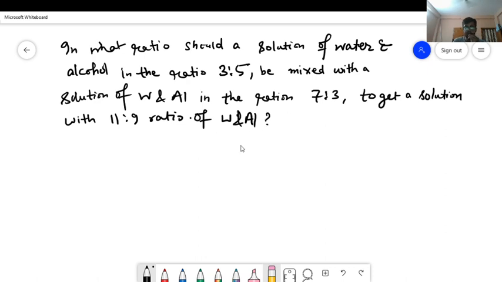Okay, now find the answer. Take both the methods. I am giving you 3 to 4 minutes. See if you can do it or not.